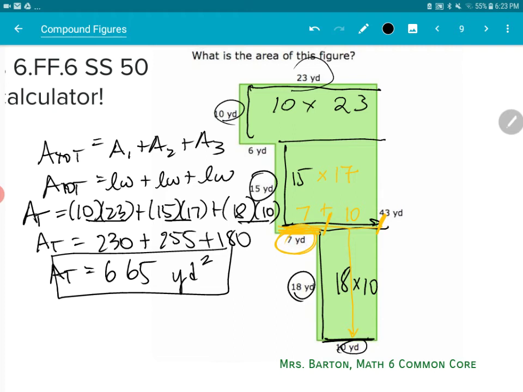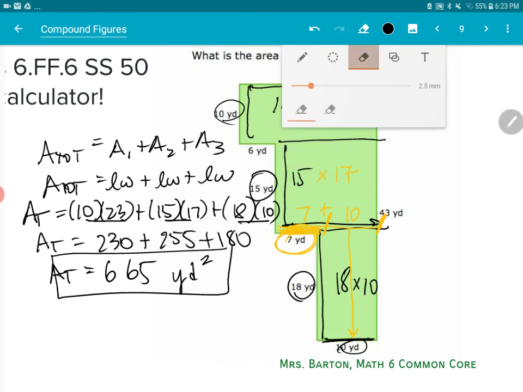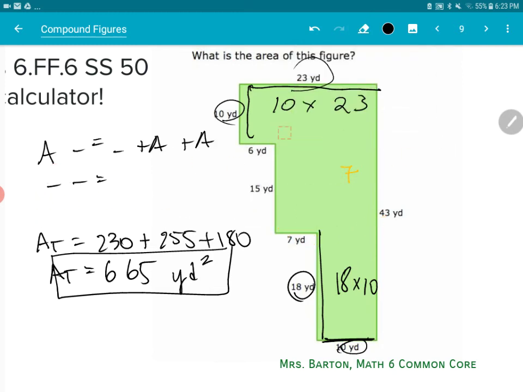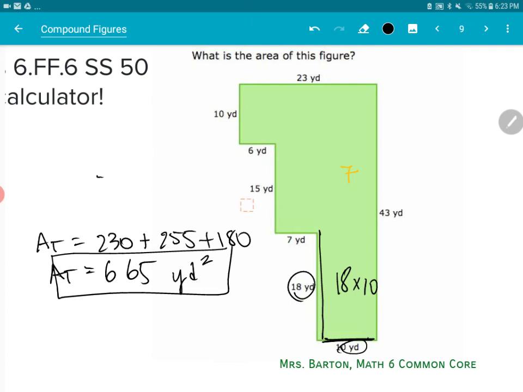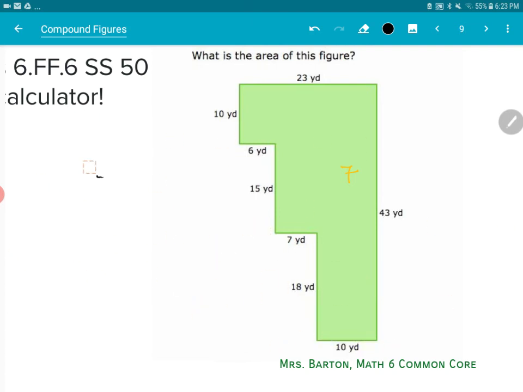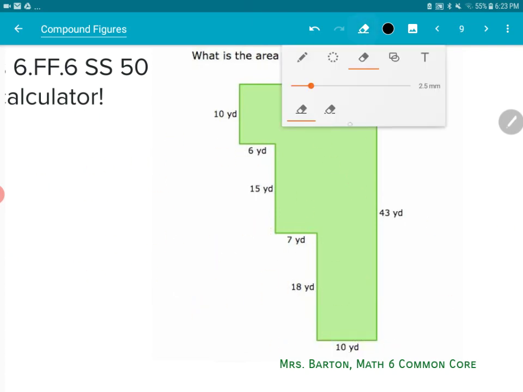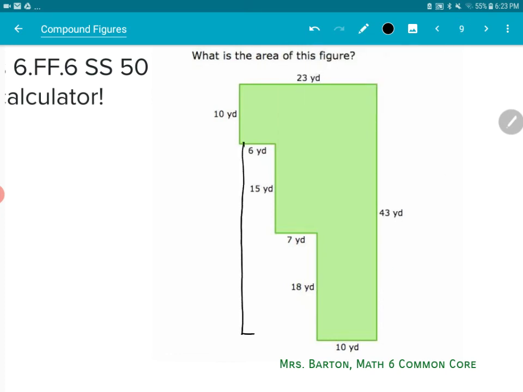Okay, so I would do this a second way, and I would cut it up. I'm going to erase this because I only made one copy of this. And so I would possibly extend, and I would have area total equals my area 1 minus area 2 minus area 3.